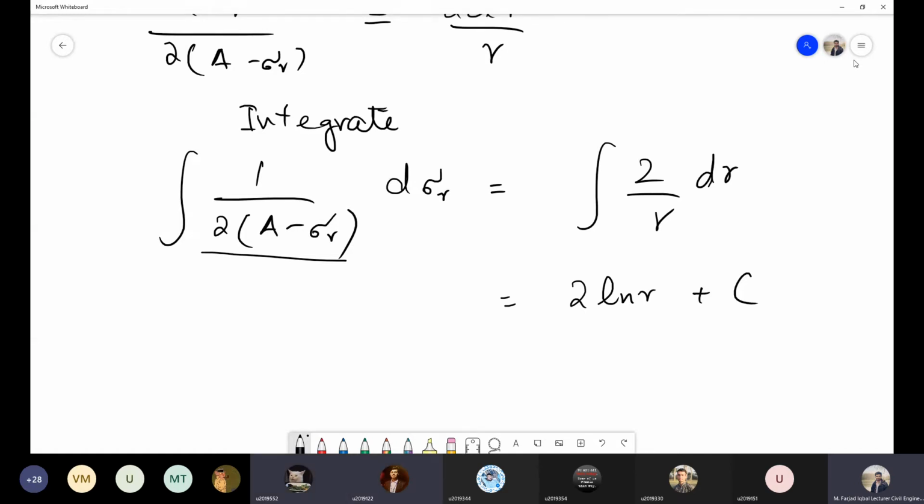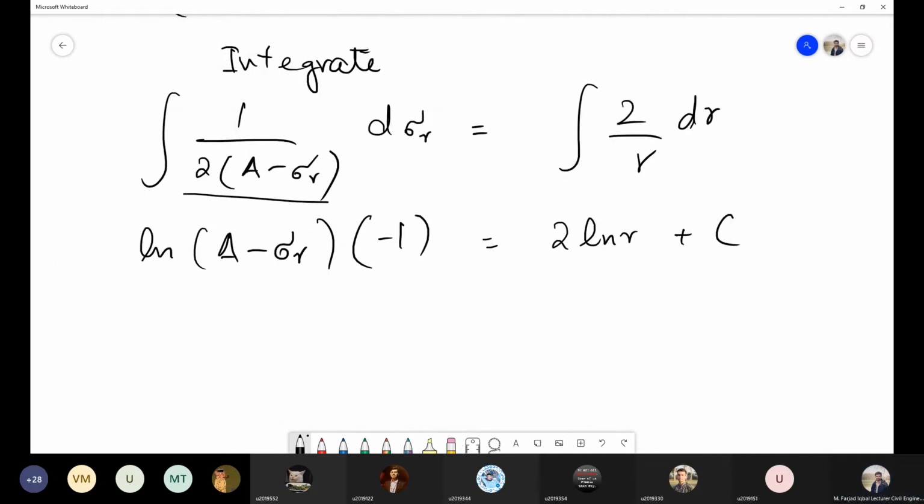And for the left side, my integral would be the natural log of A minus sigma r, and the third term will be obviously minus 1, so this will be the integral for the left side of this equation. Is it clear?